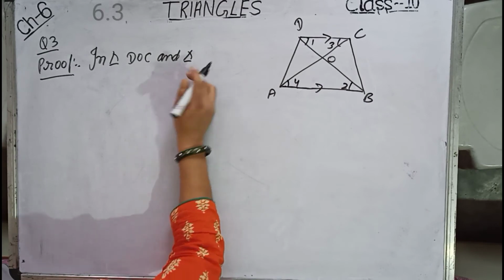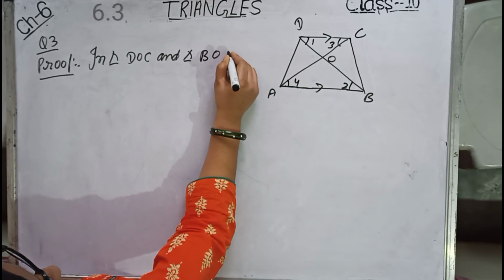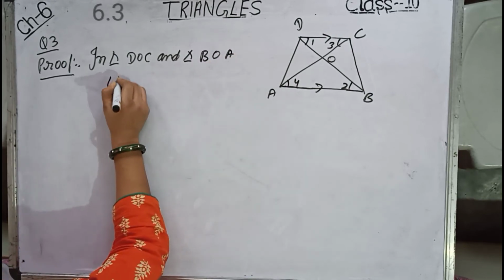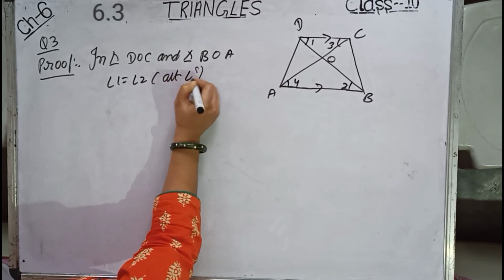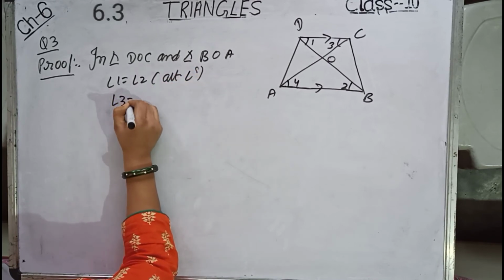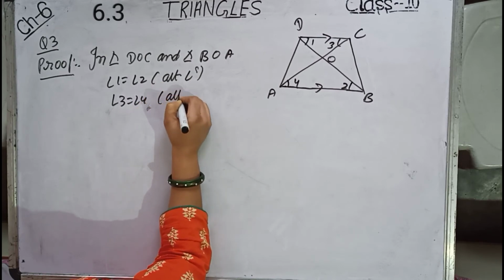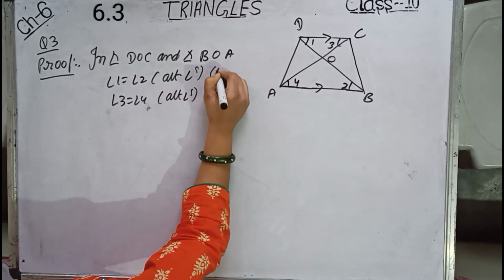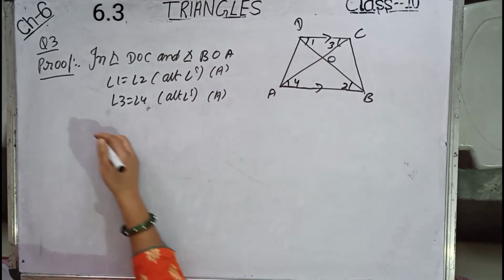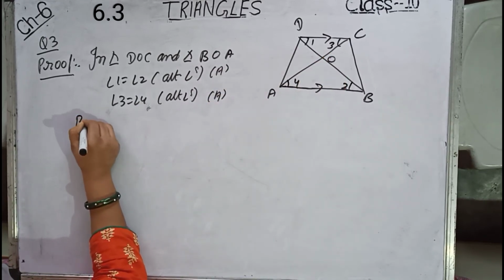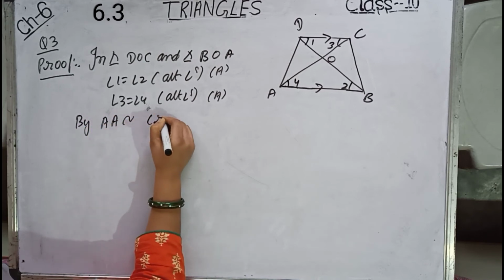In triangle DOC and triangle BOA, angle 1 equals angle 2, alternate angles, angle 3 equals angle 4, alternate angles, and by double A similarity we can prove it, or we can also take vertically opposite angles. I am leaving it by double A similarity criteria.